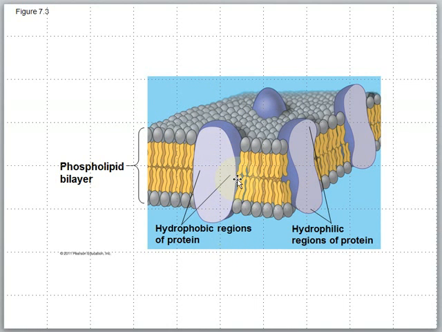The proteins themselves can have areas that are hydrophobic and areas that are hydrophilic. Notice how some of the proteins pass all the way through, while other proteins are stuck just on the outer edges, and there's a vast variety of materials attached to and connected with this phospholipid bilayer. It's not just a nice, smooth, clean layer of material.